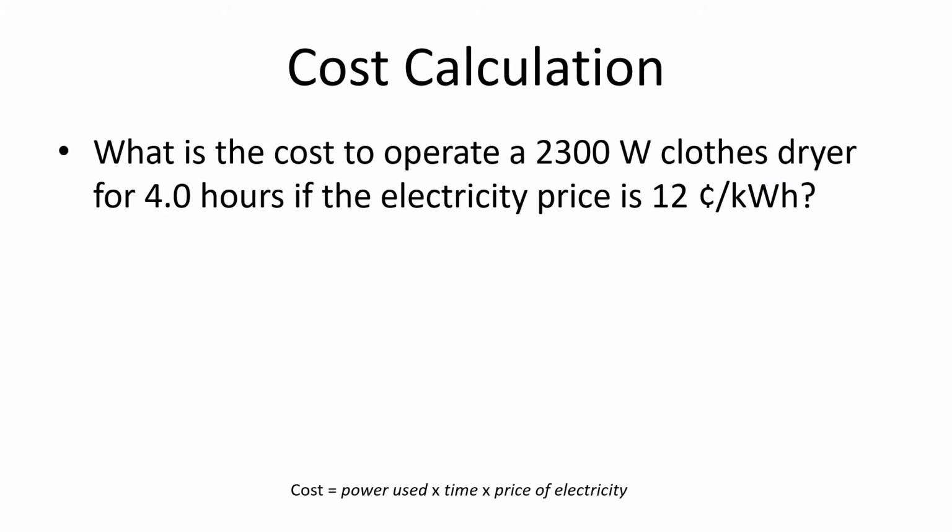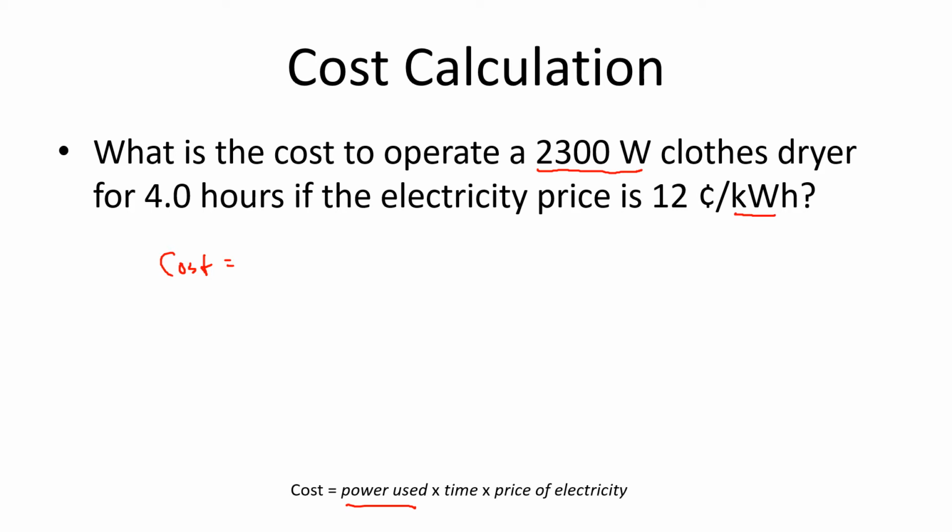Okay, so let's have a look how that will work out. It says, what is the cost to operate a 2300 watt clothes dryer for 4 hours if the electricity price is 12 cents per kilowatt hour? Okay, so cost equals, so first off, we're going to start off with the power used. So the power here is in watts, but we're going to get charged in kilowatts. So we have to change this into kilowatts.